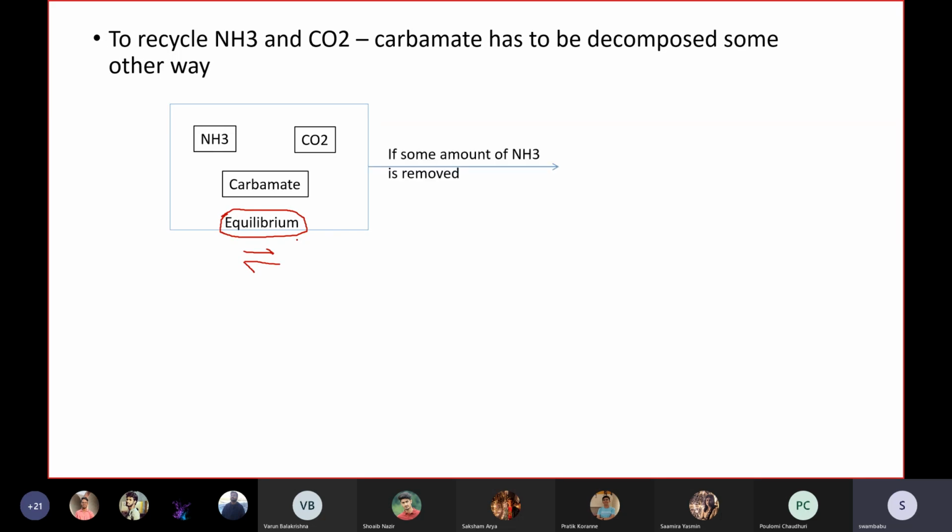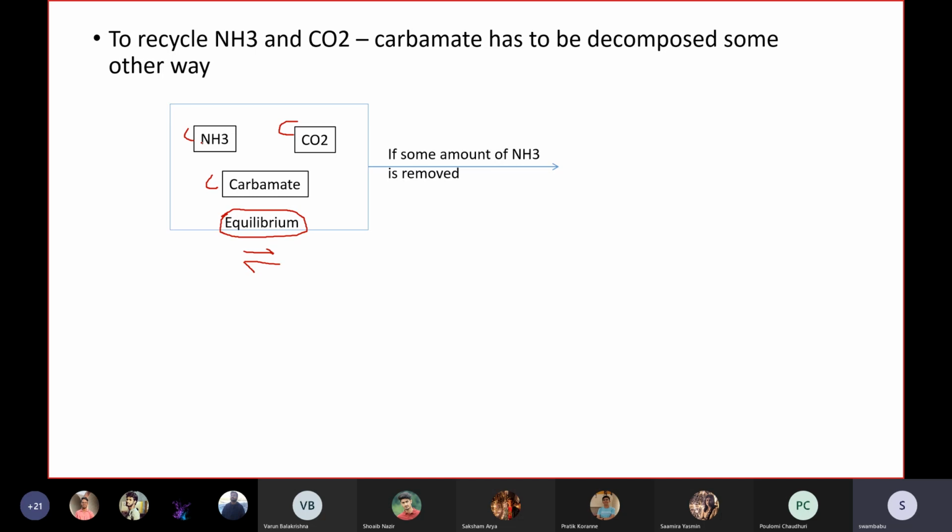Suppose we have an equilibrium condition, and at equilibrium we have some concentration of CO2, some concentration of ammonia, and some concentration of carbamate.